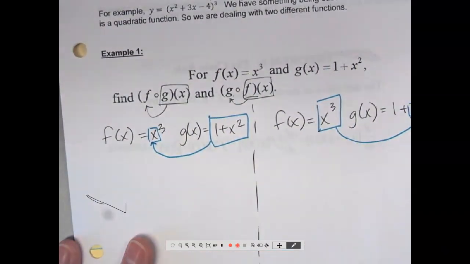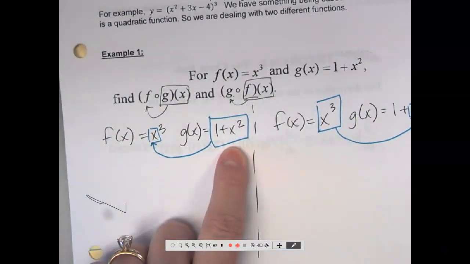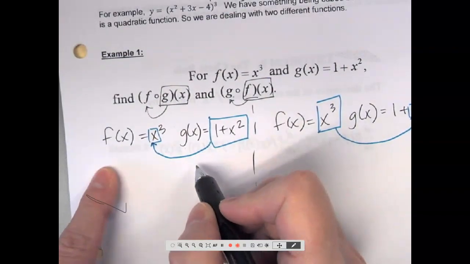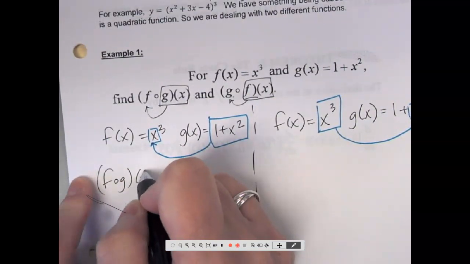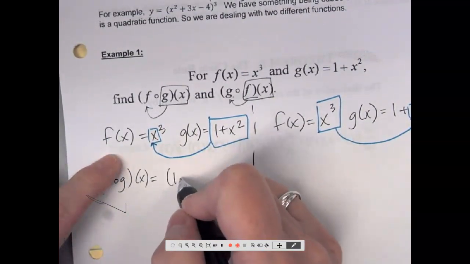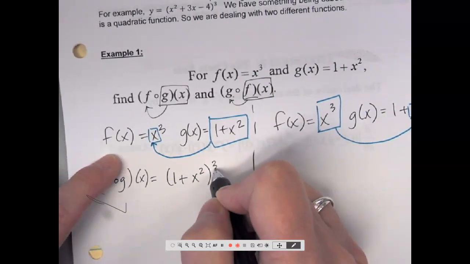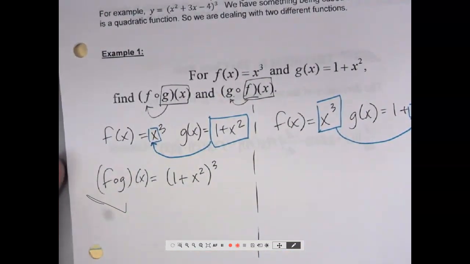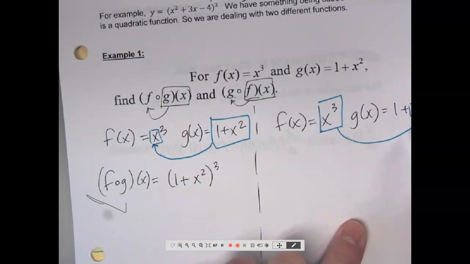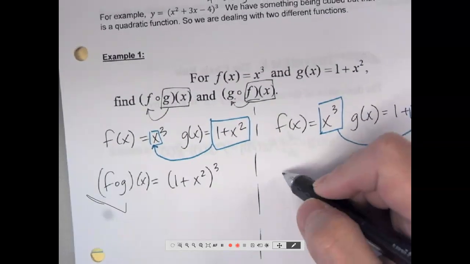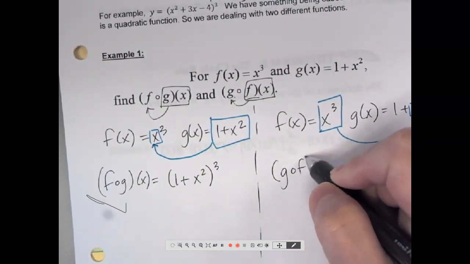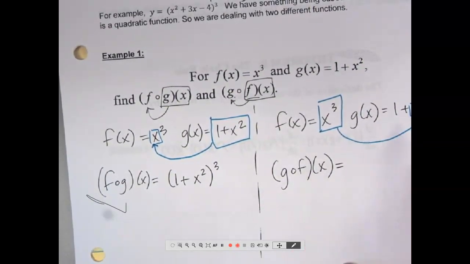Okay, so let's keep working this one out. If I sub all of this function in for x, then f of g of x will give me 1 plus x squared, cubed. But over here, if I plug x cubed in the place of this, then g of f of x is 1 plus x cubed, squared.